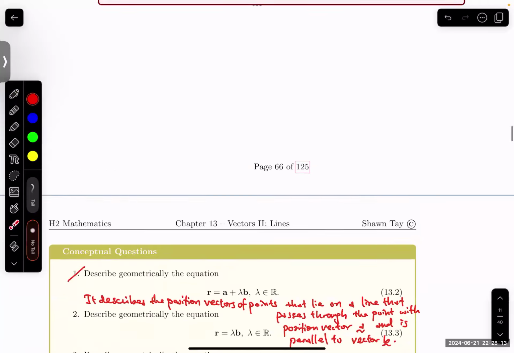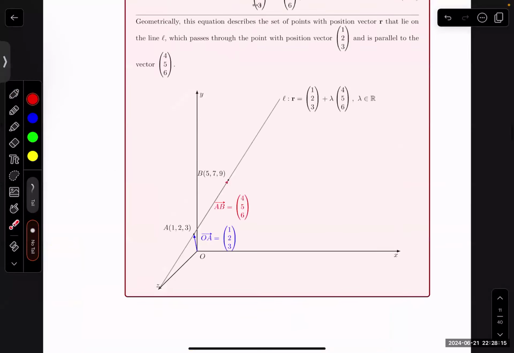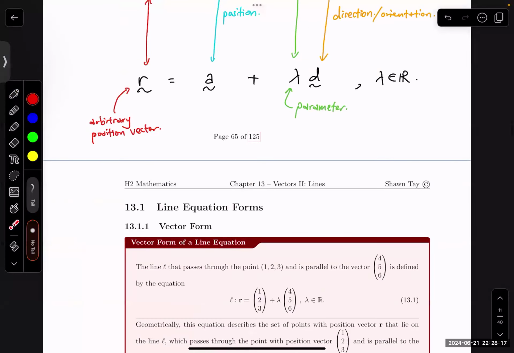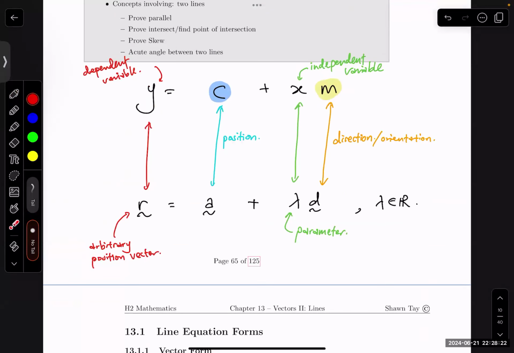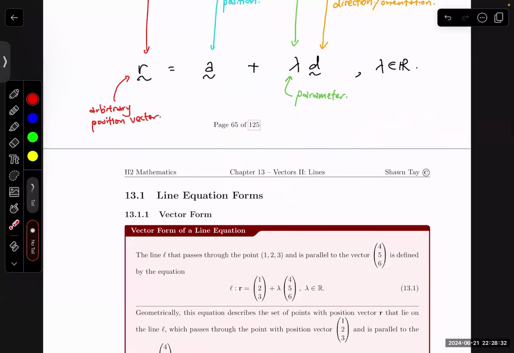Okay. Now let's talk about the equations. So I introduced lines using vectors, okay, with this form of the equation. I can write it in two other ways. So this way that I just wrote down is called the vector form.